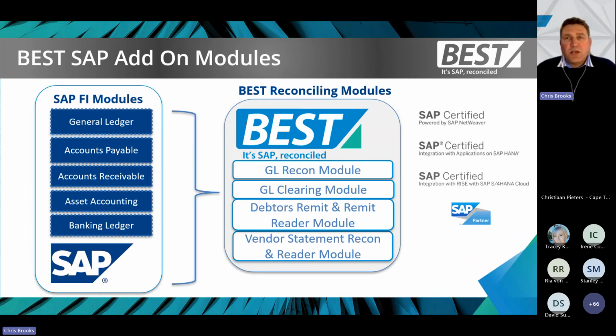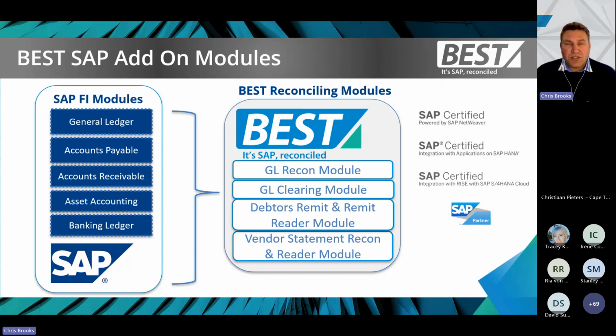Okay, so just looking at who is BEST and what are the modules that we have. BEST is a South African company, founded in 2009, and our focus is really developing, implementing and supporting SAP certified modules. So we look at resolving gaps in the standard SAP functionality within the finance area.